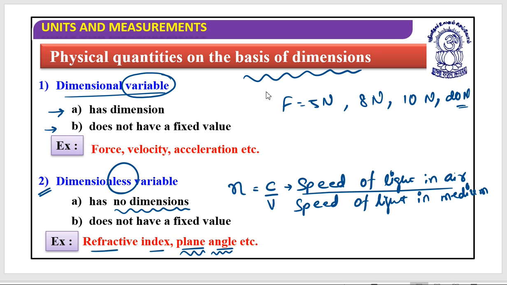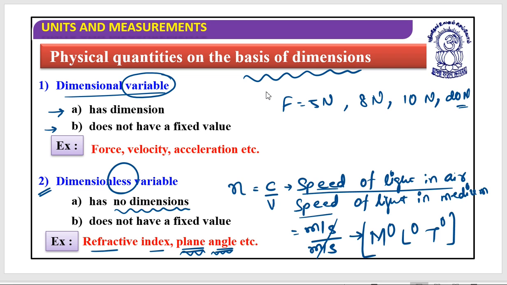So it's a ratio of speeds only. For this speed, you can write meter per second. For this speed, even you can write meter per second. So if we are going to ask the dimensional formula of this refractive index, we just say it is M^0 L^0 T^0, because they have no dimension. 0, 0, 0.